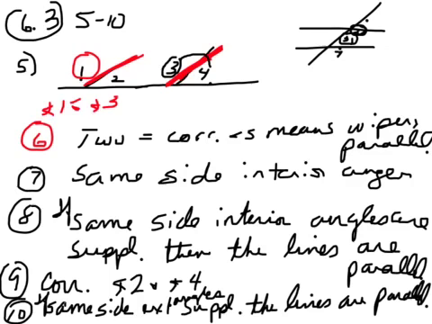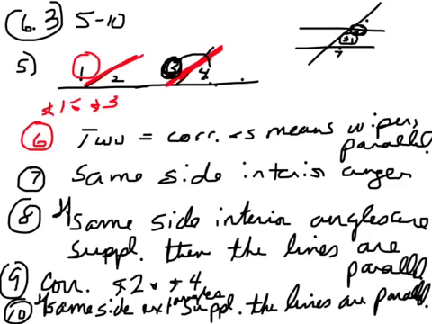If 1 and 4 are supplementary, that means 4 is also supplementary to 3 because it's a linear pair. So since 1 and 3 would both be supplementary to 4, that means 1 and 3 are congruent, and since they're corresponding angles, the lines are parallel. So you could actually go through that proof, and that'd be the steps you would take.